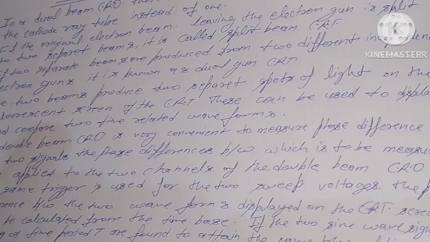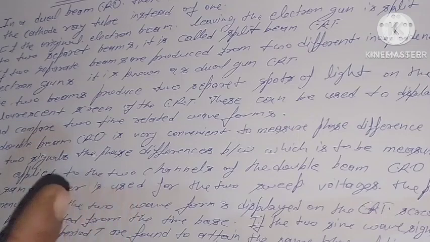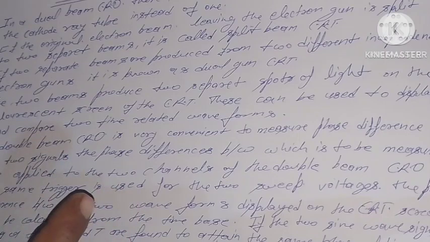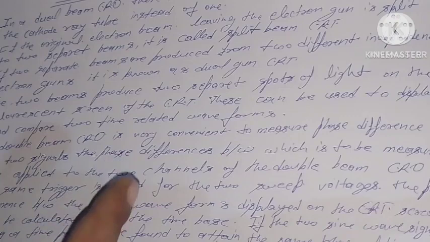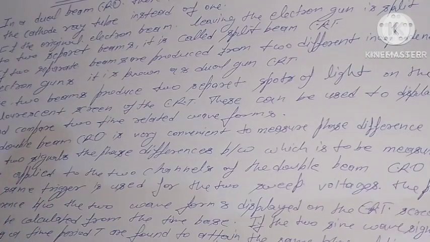The two beams produce two separate spots of light on the fluorescent screen of the CRT, which can be used to display and compare two time-related waveforms. The double beam C.R.O. is very convenient to measure phase difference.